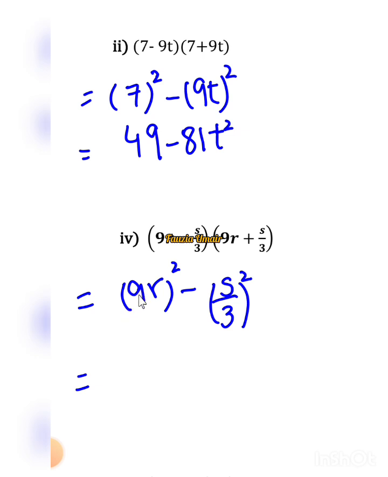This is telling you that the square is of 9 as well as r, and here the square is with s as well as 3. So you should not make the misconception where students take the square of only one term, not the other one. So 9 square is 81, r square is r square, minus s square by 3 square is 9. So this is your final answer.